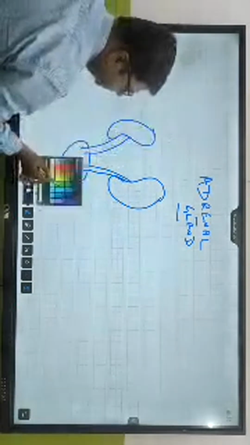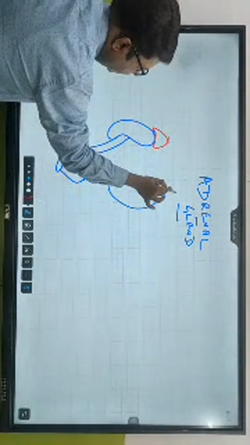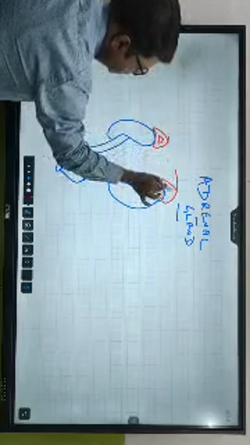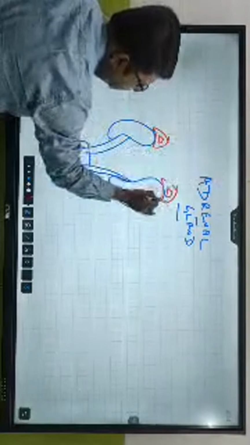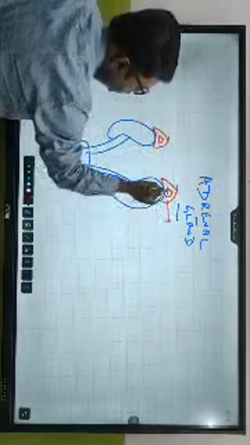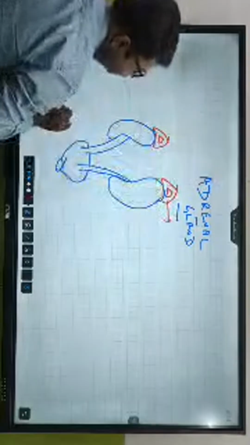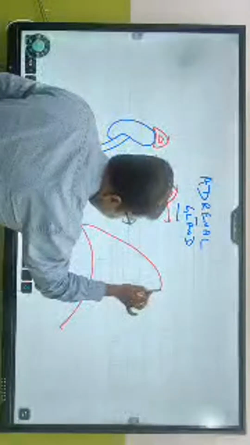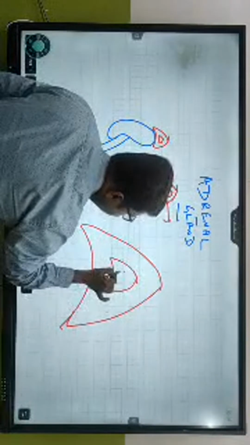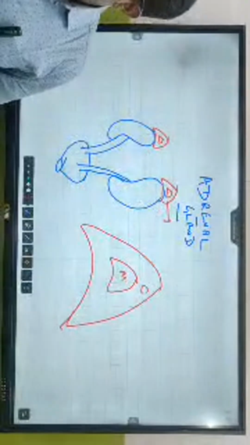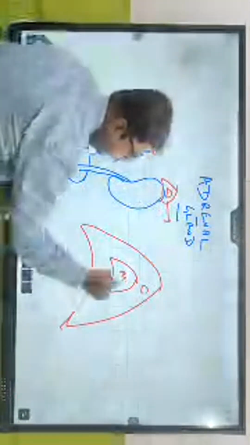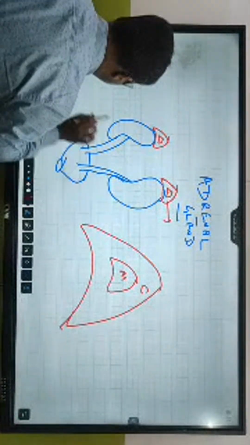So it's present over here. Adrenal glands are present at the tip of both the kidneys. This adrenal gland has 2 portions: outer cortex and inner medulla. Medulla inside and cortex outside. Okay, so this is adrenal gland. So we got the position of it.